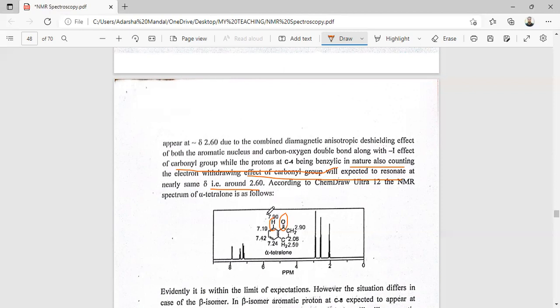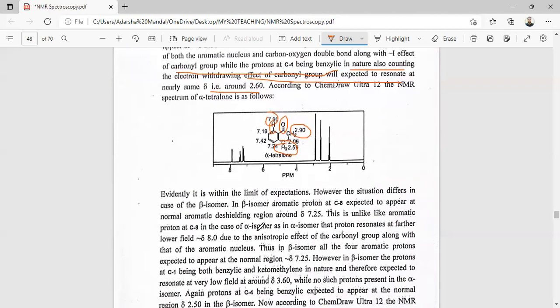So here it is deshielded at 7.290, and here this H2 is in the benzylic position. So it has a chemical shift of 2.89, and this is more deshielded compared to this 2.90 due to the -I effect of the benzene ring and the -I effect of the carbonyl group.